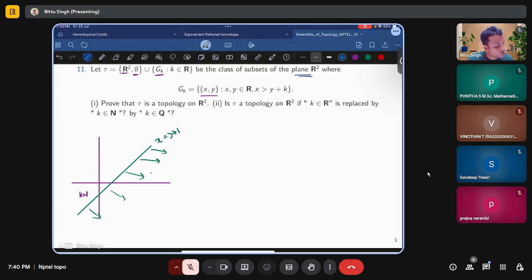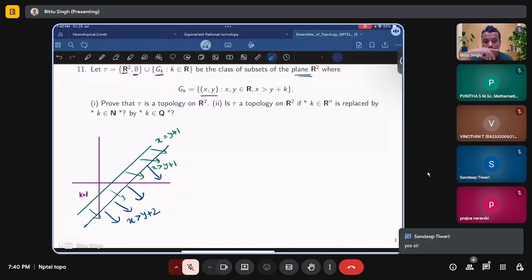There will be no issue with R2 or the empty set. The question is, can you see that an arbitrary union of those regions also belongs to this tau? For example, if you take this G1 and this G2, what will be there in the union?